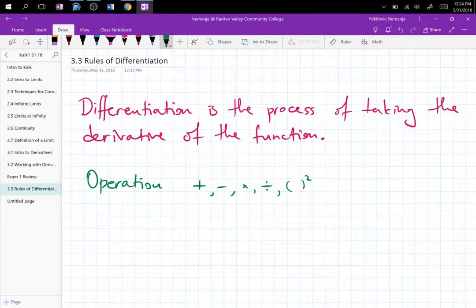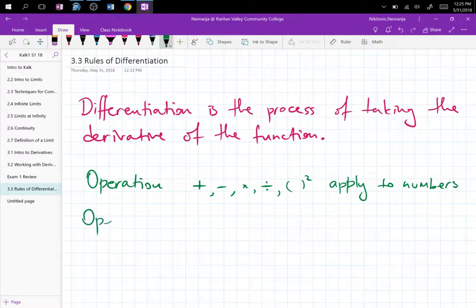An operation is applied to numbers. So if you have 3 plus 7, the result is 10. So you are operating on numbers. In this case, the operation between 3 and 7 is plus, it's addition. So an operation changes numbers into numbers.